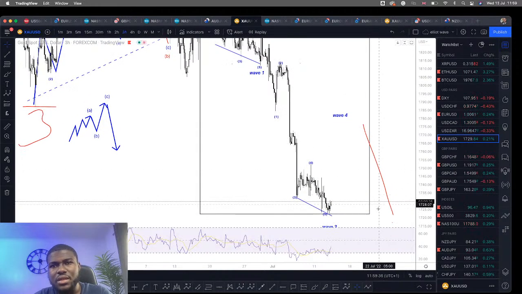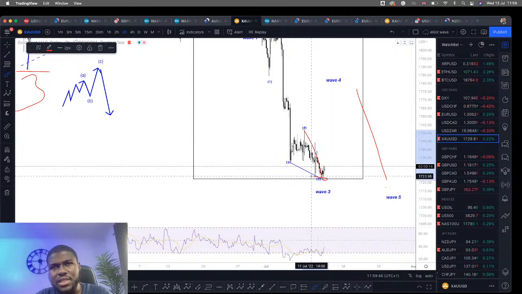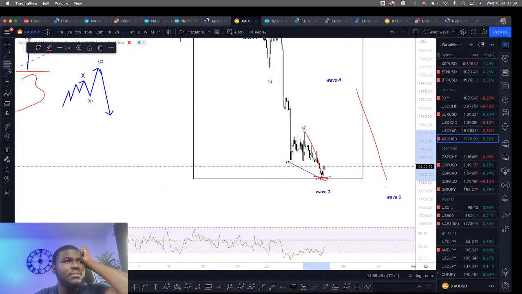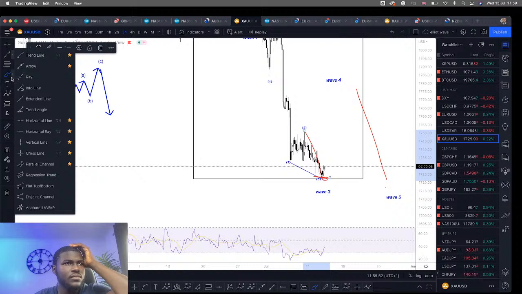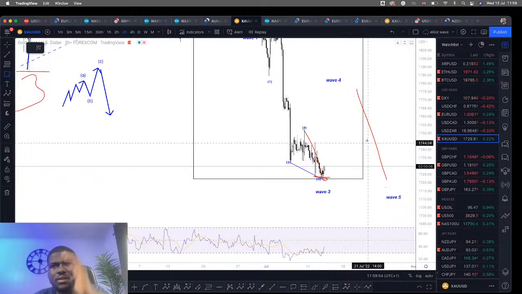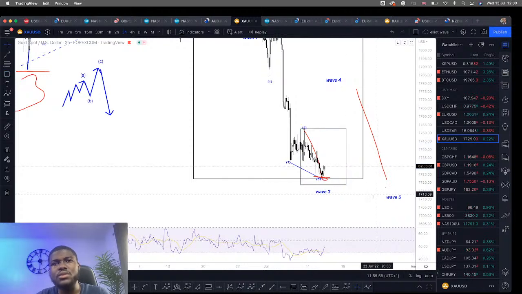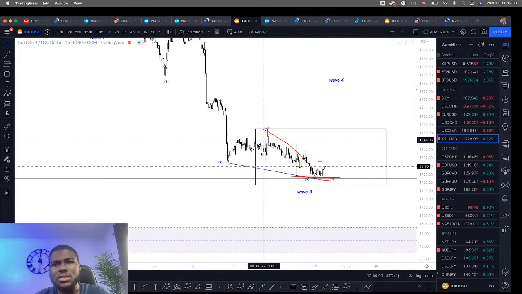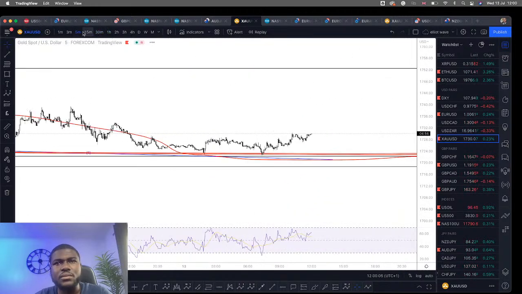So the only way we can confirm that is to see if the whole move from this beginning to this very low is an impulse. So permit me to use the box tool as usual. I'm going to use the rectangular box to single out this position and start going lower and lower to as low as possible on the time frame.